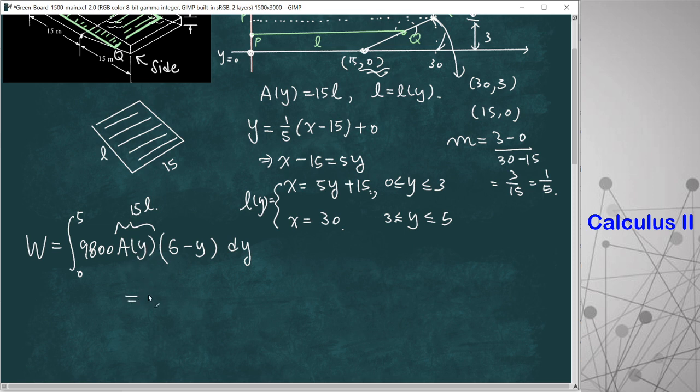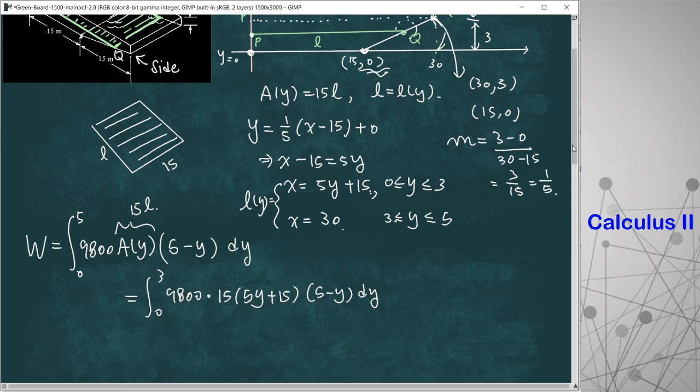So if it is 0 to 3, you can substitute that with this formula. 15 is already there, so I have to write 15. And L is this one, 5y plus 15, times 5 minus y, dy.